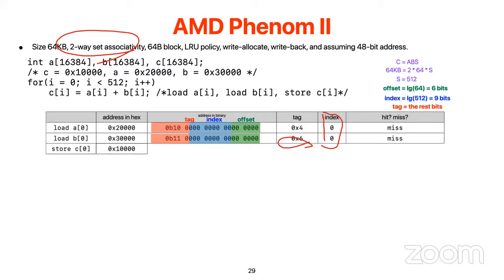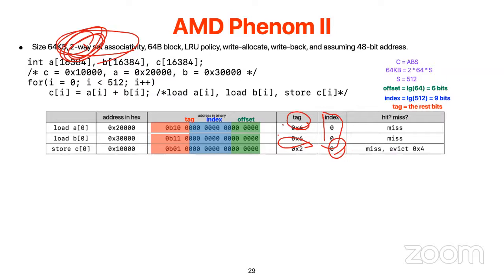Now let's go to the next address and partition it. Its tag is 2. However, it also maps to index 0, and we have only 2 ways. So you have to pick one of 4 and 6 to kick out. Because we want to exploit temporal locality, we want to keep the data we accessed recently in the cache, so we kick out the 4. So when you serve this miss, you have to evict 0x4.